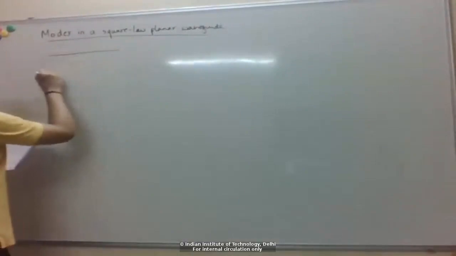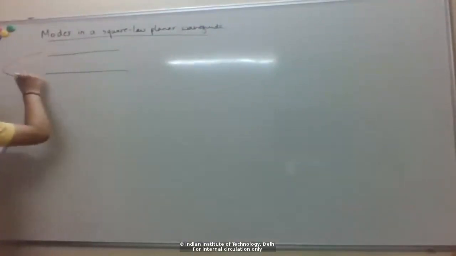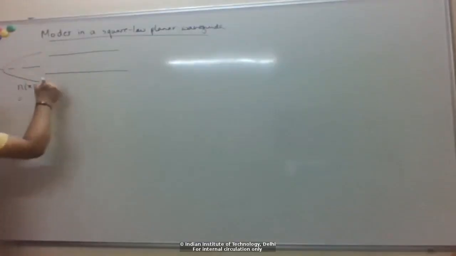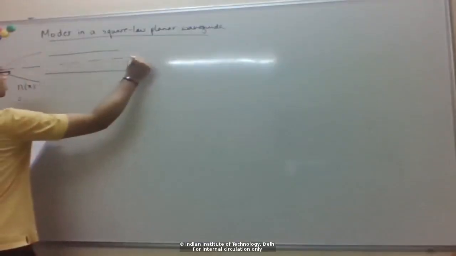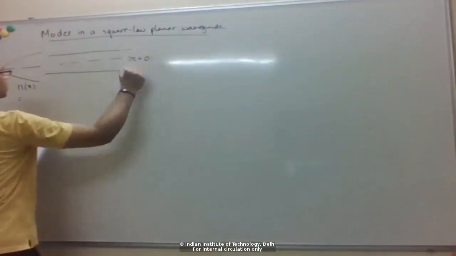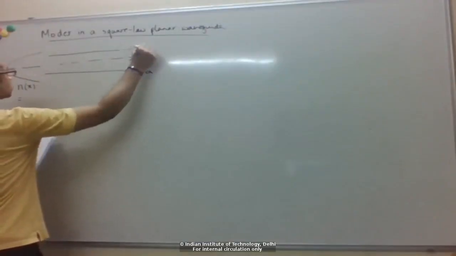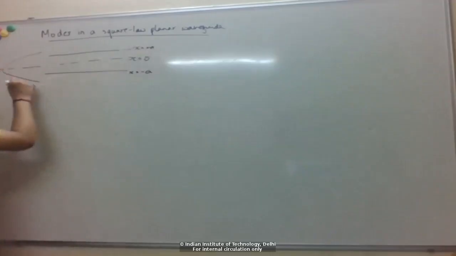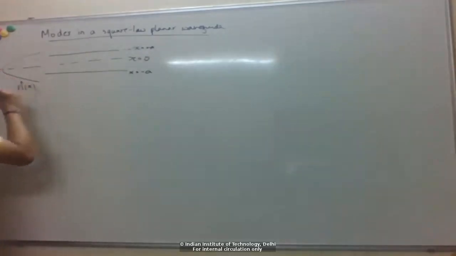Basically, we said that the index follows the square law profile, right? So n square of x, or the dielectric constant, follows the square law profile.